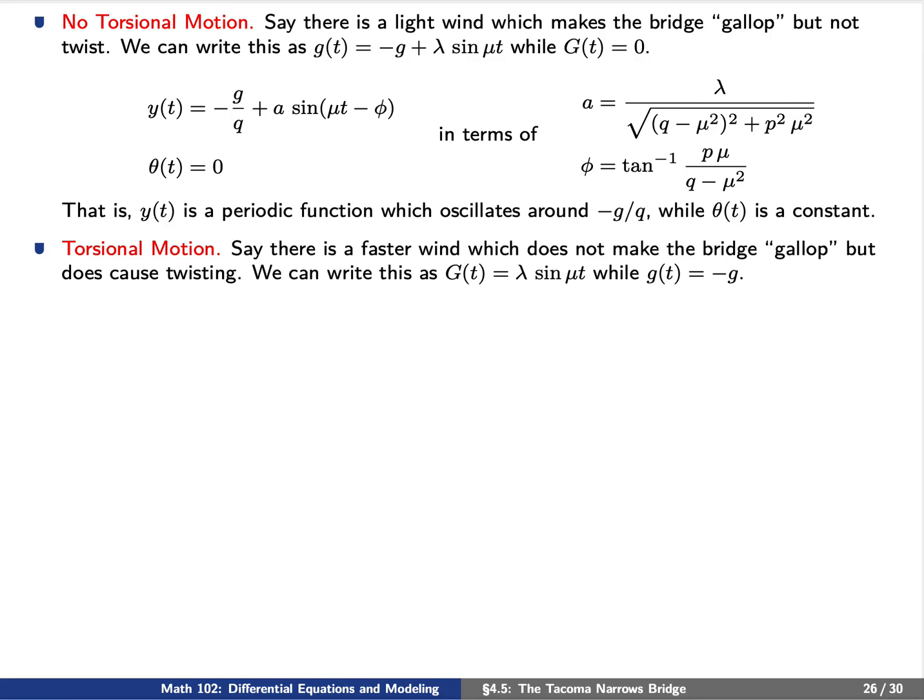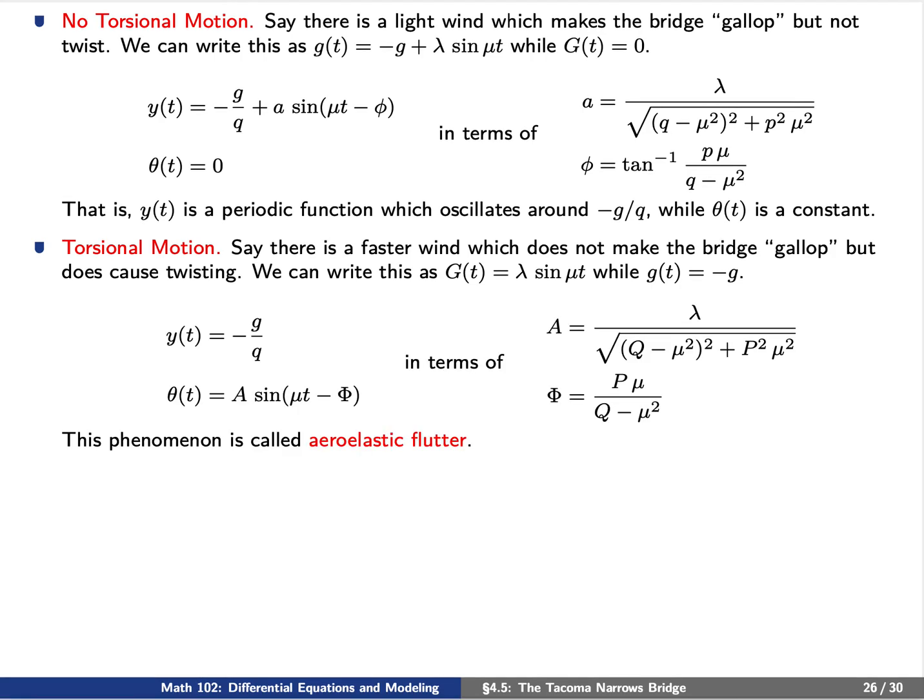Now let's assume that we have torsional motion. That is, let's say that there is a faster wind which does not make the bridge gallop, but which does cause twisting. We're going to say here that our capital G of t is lambda sine mu t, while our lowercase g of t is just equal to negative g. It's just the external force coming from gravity.